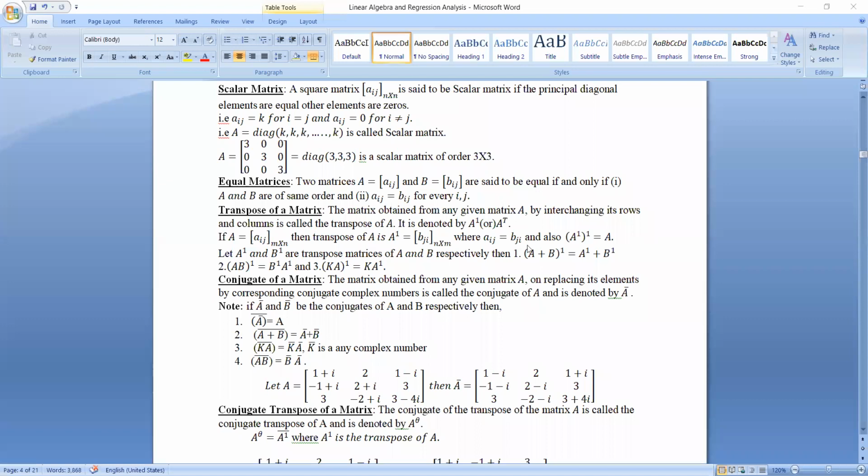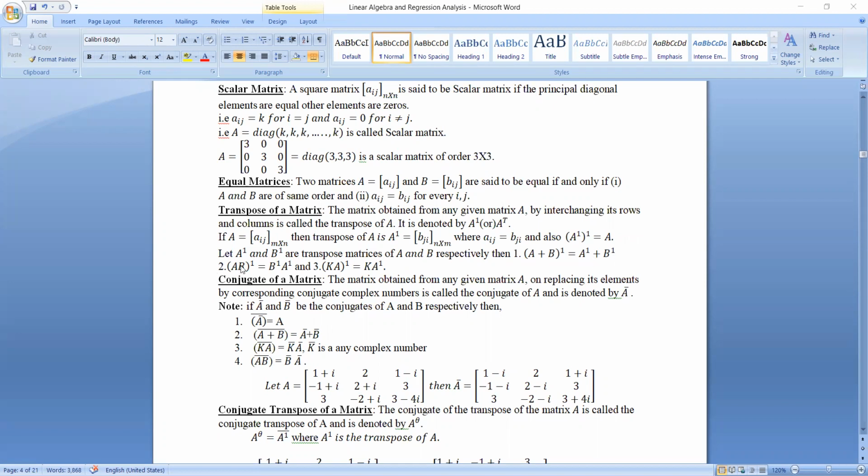Here we come across some important results. The transpose of a matrix with the whole transpose, that means the transpose of a transpose is the matrix itself. A transpose whole transpose equal to A. If A transpose and B transpose are the transpose matrices of A and B, then A plus B whole transpose equal to A transpose plus B transpose.